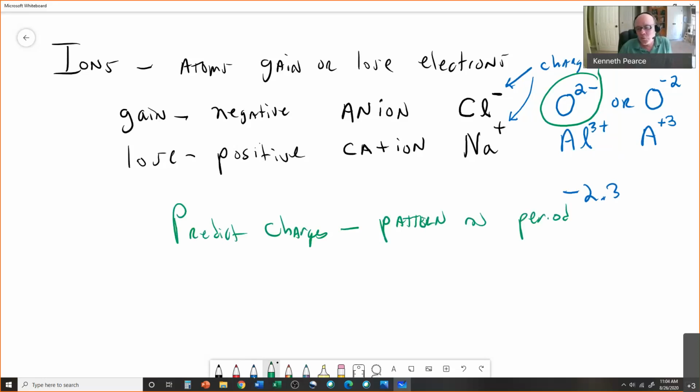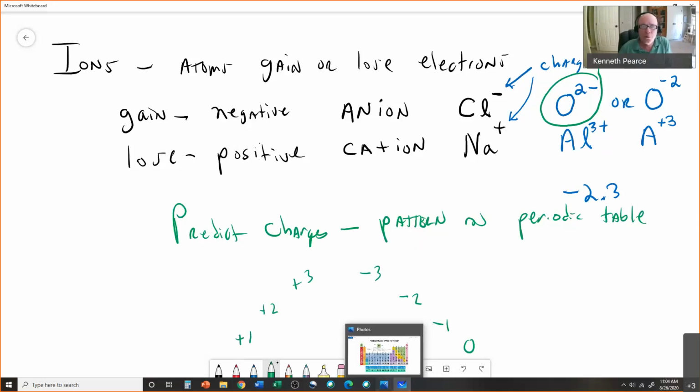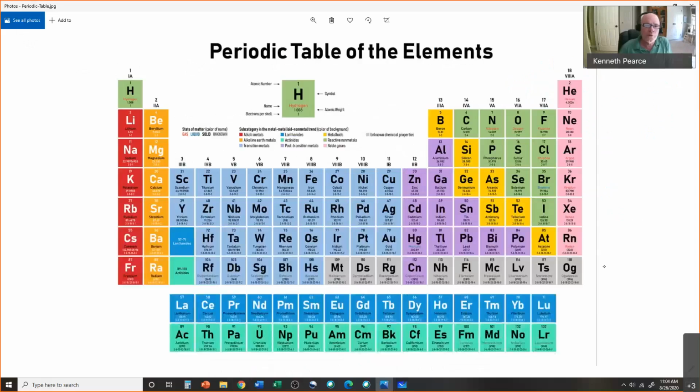The pattern goes like this: +1, +2, +3, -3, -2, -1, and 0. And this is the way it looks on the periodic table. I'm going to go ahead and pull up this periodic table so you can see.